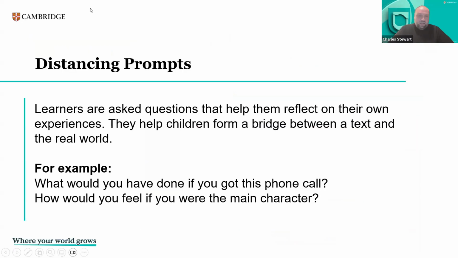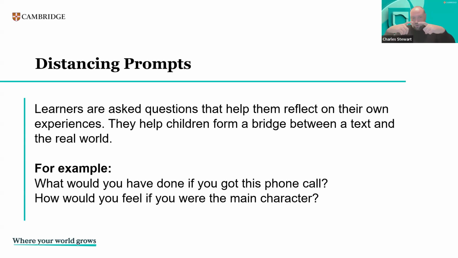Now, another idea that I will give you for this particular strategy using these receptive and productive skills would be distancing prompts. What this is are leading questions that are asked by you that help them to reflect on a topic using their own experiences.